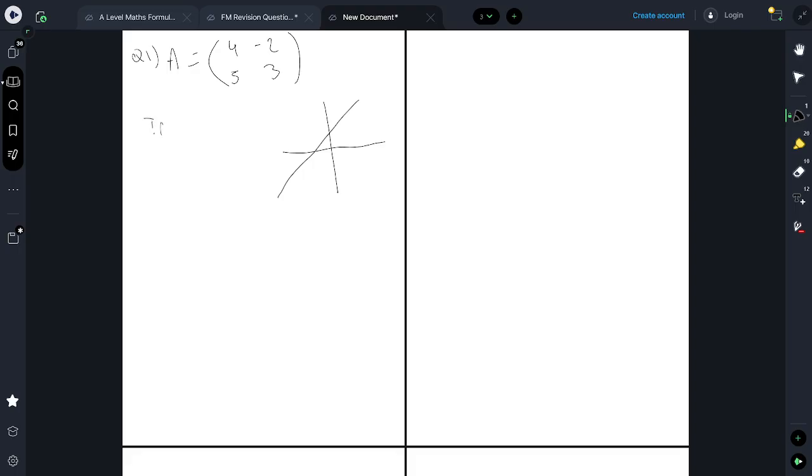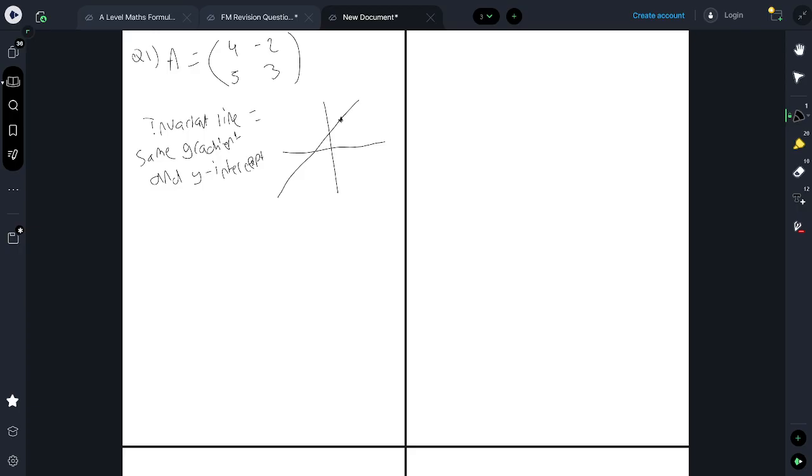So an invariant line means the same gradient and y-intercept, because those two things define what a line is. A line has a gradient and a y-intercept. But that does not mean every point on the line remains the same. As long as all the points remain on the line after the transformation, they can still move along the line.